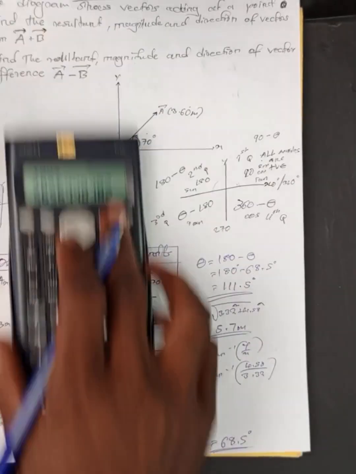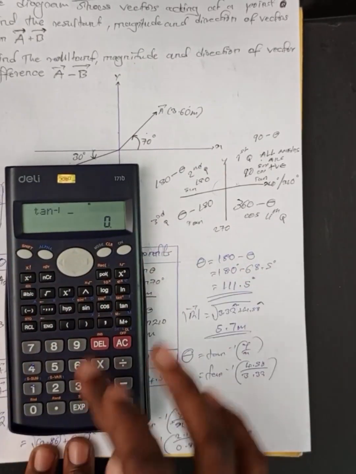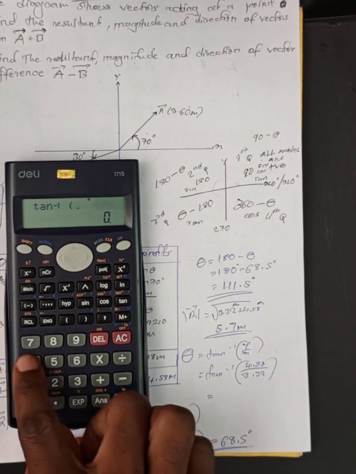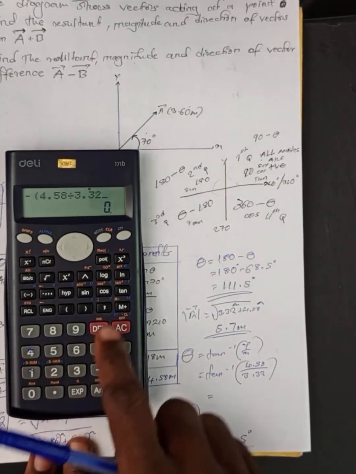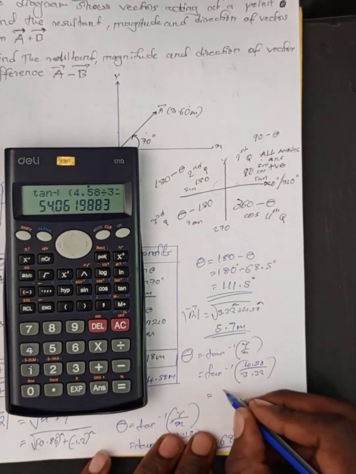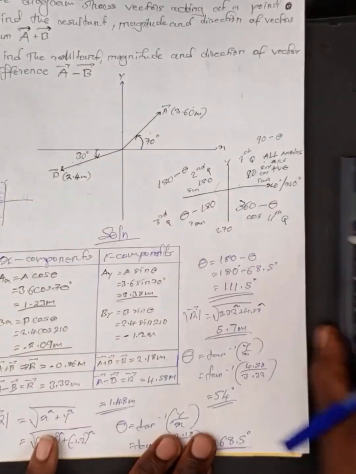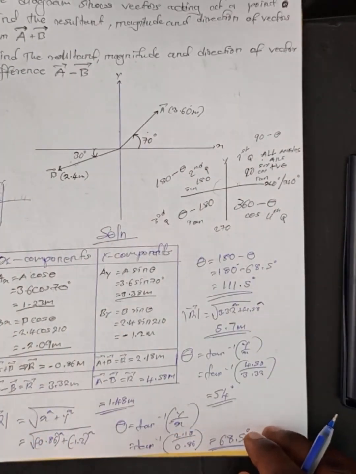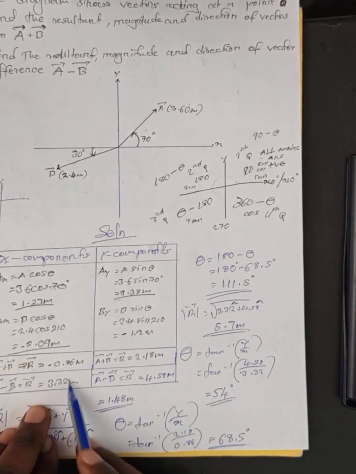Okay, so we are going to have shift tan inverse of, open bracket, 4.58 divided by 3.32. You close like that. Then what is the answer? It is 54 degrees. Okay, so here we are not going to have another angle because all the results are positive.